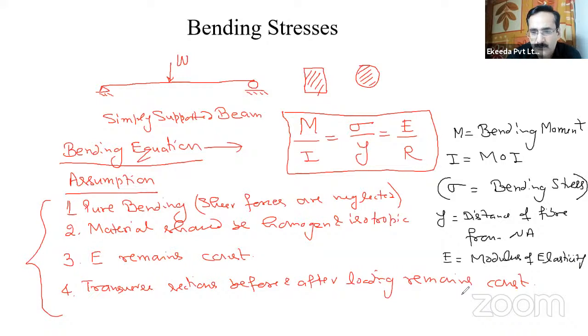And R is the radius of curvature. So these are the values, M by I, sigma by y, E by R. And from here, we can find out the stress at any point of the beam, right?